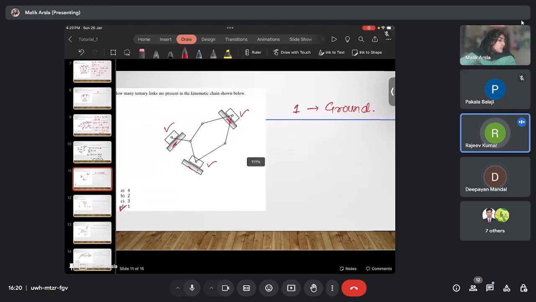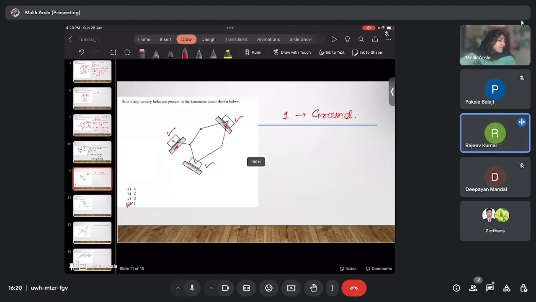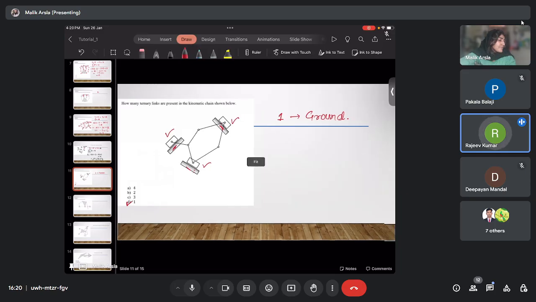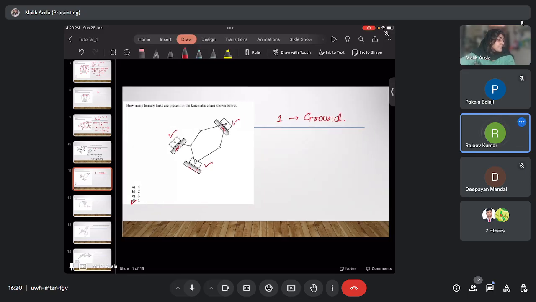Actually, ma'am, all the sliders act as individual components, not a whole component. When we consider Earth as a ground, that means we assume all the three points are the same point, the same object. That's why we take ground as a ternary link, but a slider acts as an individual link.